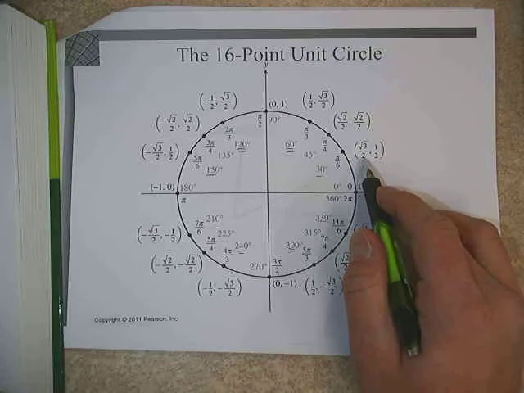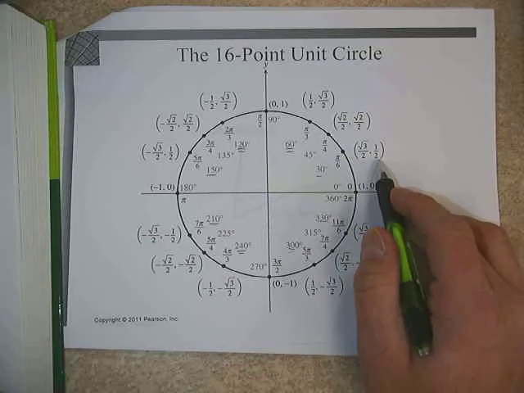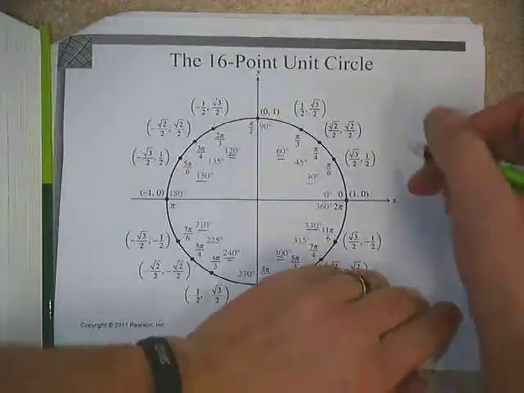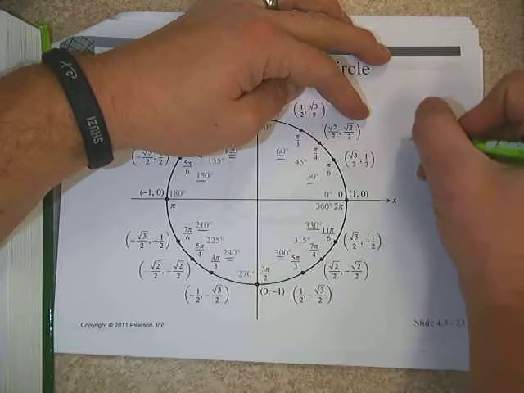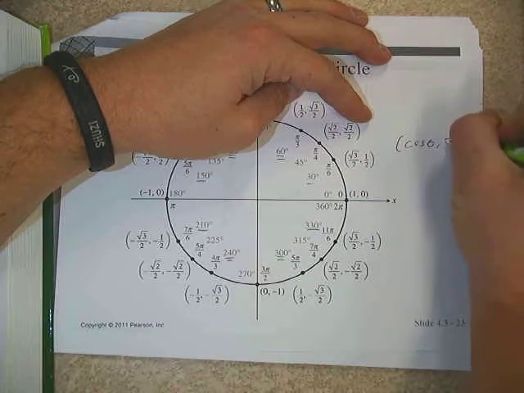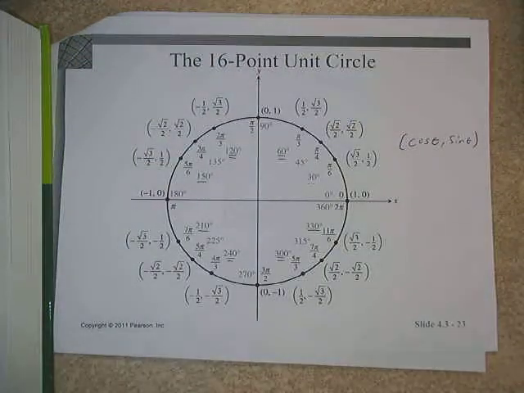If I were to draw a special triangle here, it would have the short side over here, the long side over here, and the hypotenuse here; the long side would be radical 3 over 2. Notice that that coordinate is the cosine of 30 degrees, and this number is the sine of 30 degrees, isn't it?